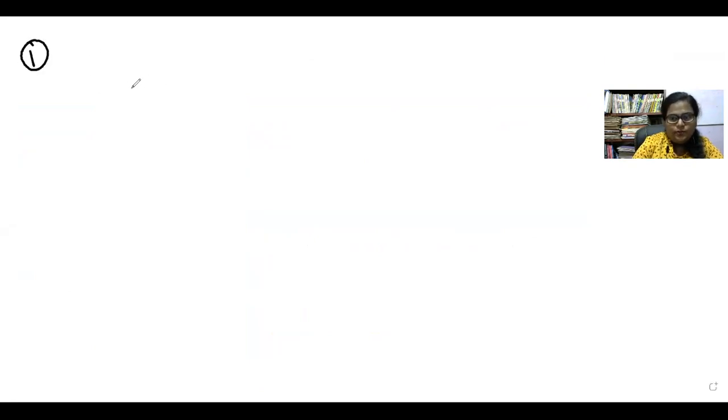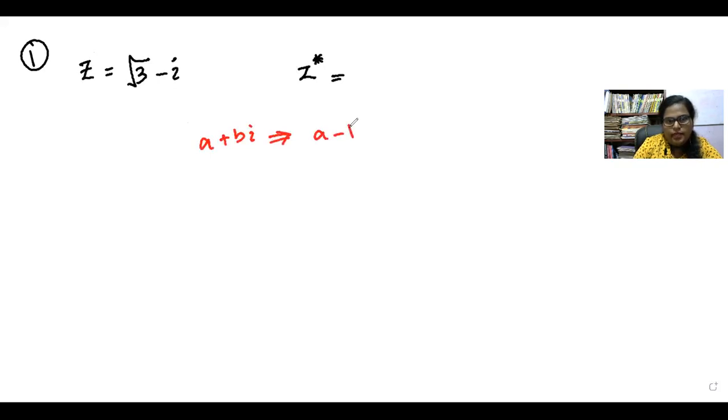Tutorial 5, first question. The complex number Z is given like square root 3 minus i, right? So it is given that Z star is the complex conjugate. You know the idea of this complex conjugate. That means if the complex number is given like a plus bi, complex conjugate becomes a minus bi, right?